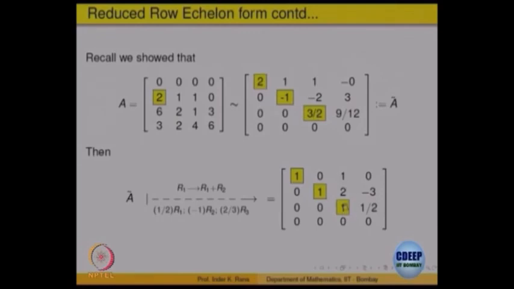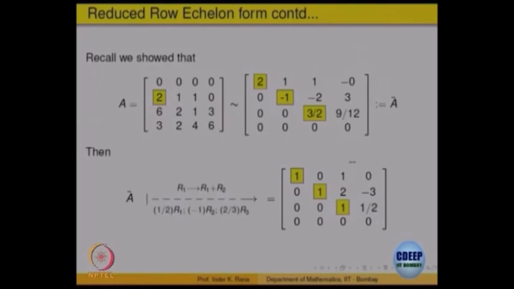But these two are still not 0, right. So, what shall I do? Multiply this row by -2 and add here, then this will become 0. So, I will have the reduced row echelon form. This will be some numbers, we do not bother about them, right. That is a non pivotal column.